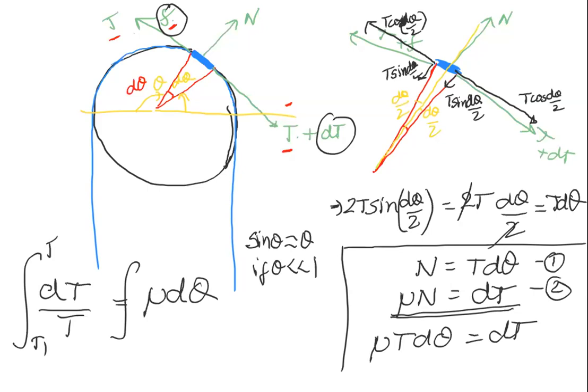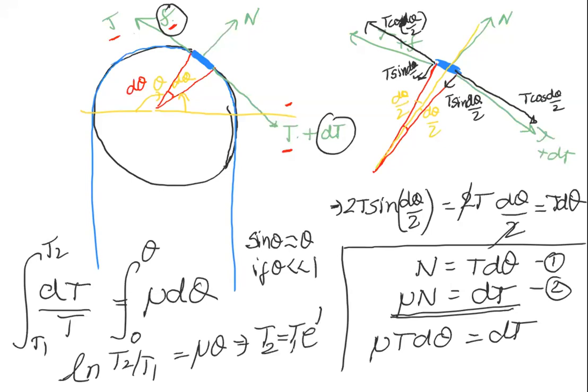So now we have T1 to T2 and let's say 0 to theta. Right? So what is dT by T by integration? This will come out to be ln(T2/T1) equal to μθ, and this gives us the very, very weird result that T2 is equal to T1 e raised to the power μθ.